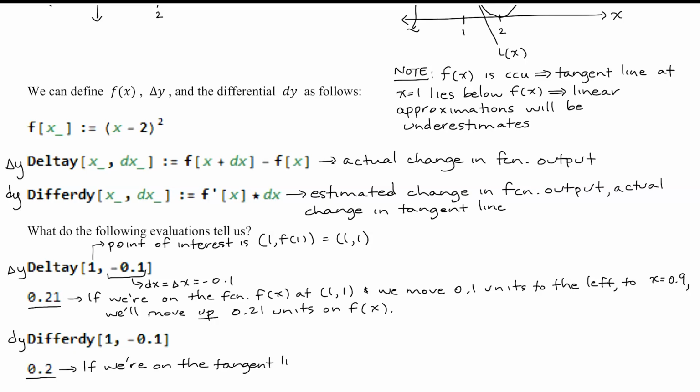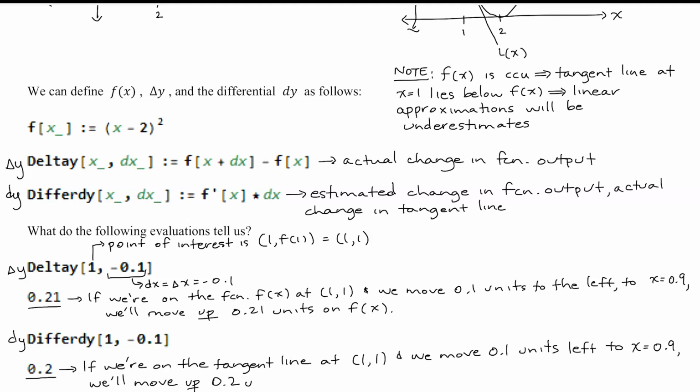This means if we're on the tangent line, and remember, when we're at the point of interest, the tangent point, we're both on the function and the tangent line at the same time, and we move 0.1 units left to an x value of 0.9, we'll move up 0.2 units on the tangent line L of x.